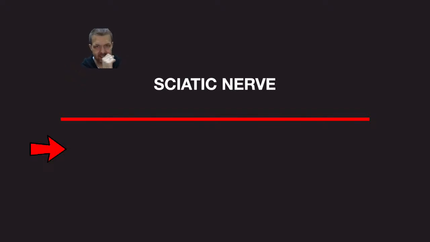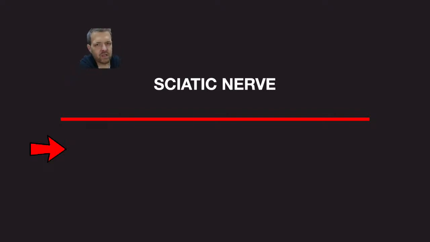So we've got the sciatic nerve next, and this is quite an interesting one, because we always think, or I assume so because I hear it quite a lot, that if you have a loss of sensation on the back of the thigh, it's deemed sciatica, and coming from the sciatic nerve.